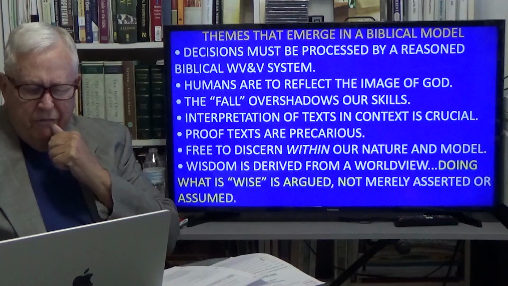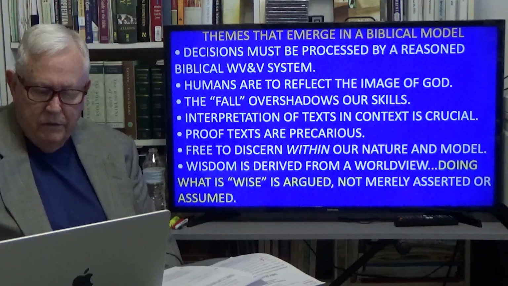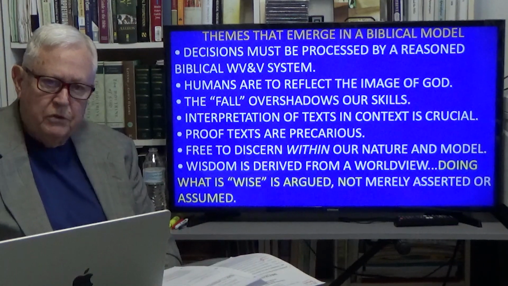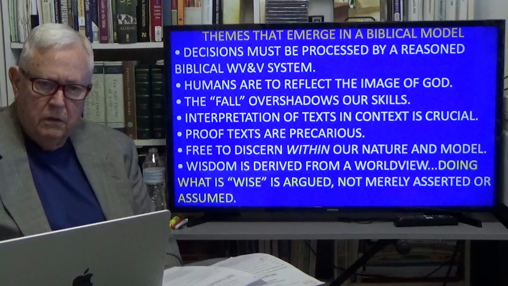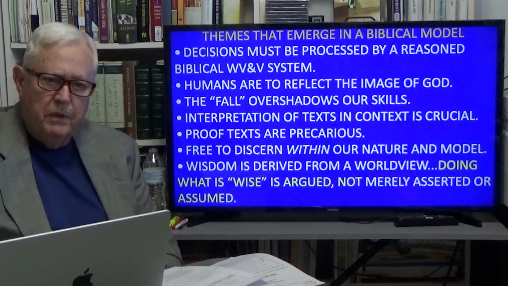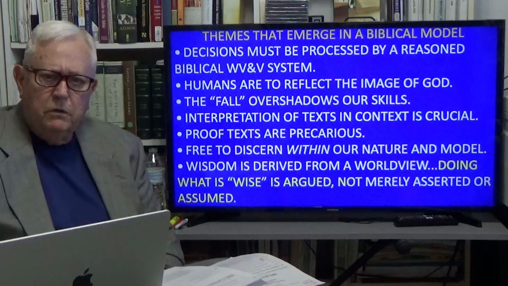Wisdom is derived from a worldview. Doing what is wise is argued, not merely asserted or assumed. Wisdom is a product of knowledge. Wisdom is a knowledge of its own, as many wisdom critics and commentaries will tell you.